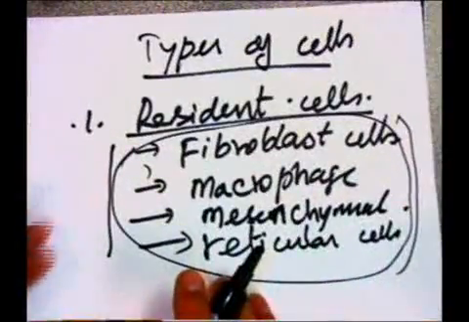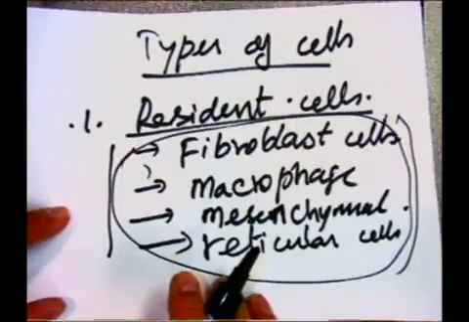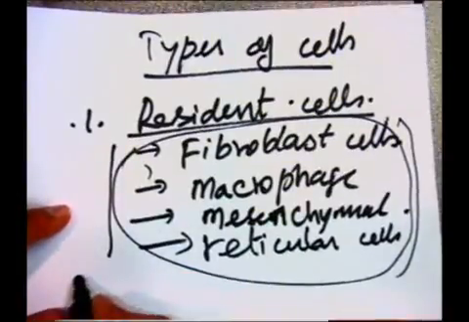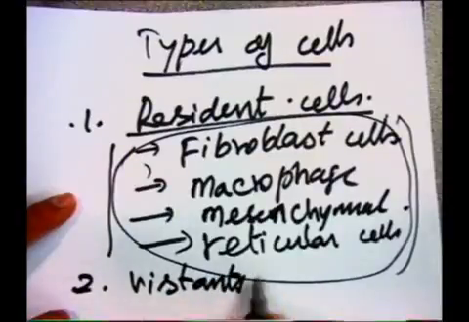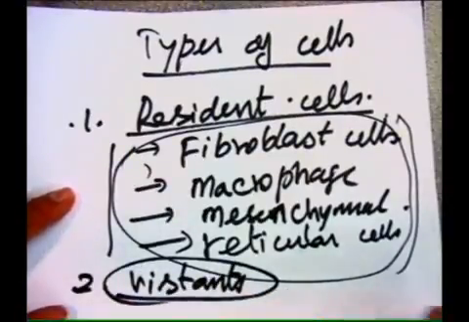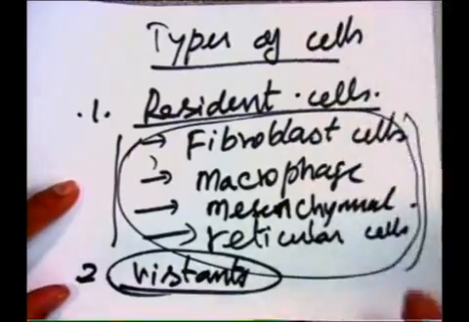The other type of cells in the loose connective tissue are visitors, or visitants. They will come only when there is a need. I'll write it on a separate paper. Number 2, visitants.